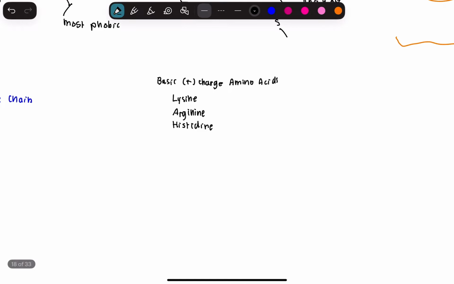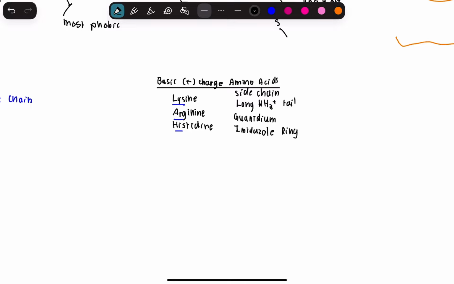For your side chains, you have a long NH3 plus tail for lysine, guanidium for arginine, and an imidazole ring for histidine. The abbreviations are Lys, Arg, and His.